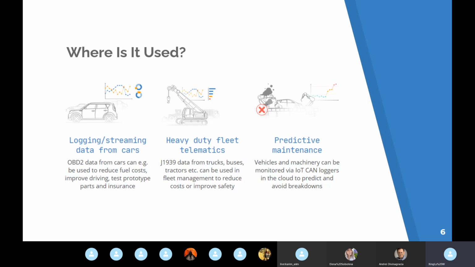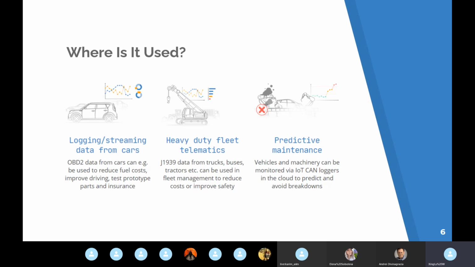It's good for logging and streaming data from cars, heavy duty fleet telematics, being able to diagnose any problems and gain vehicle data without having to hack into every sensor of the car, and predictive maintenance using that data.